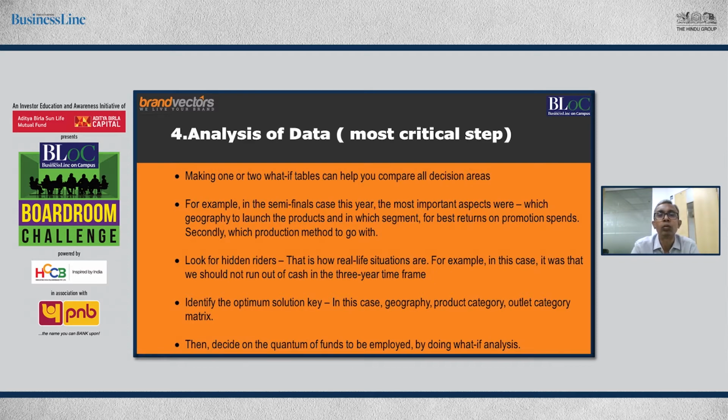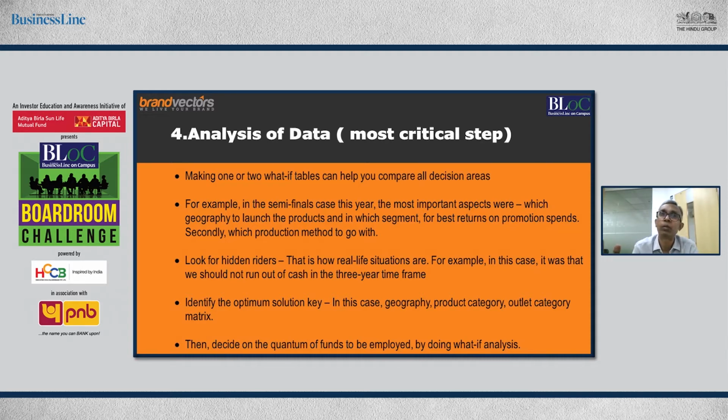Making 1 or 2 of what if tables. That's, I would say, the trick to doing this analysis. We have to understand what are those variables which are being tested, as we saw in the second, say, point number 2 and 3, and then make what if tables so that you can put all the numbers there and get a very clear one dashboard kind of a picture of the entire case.